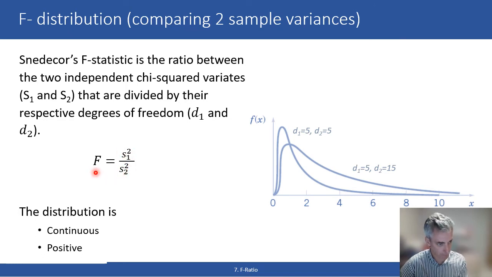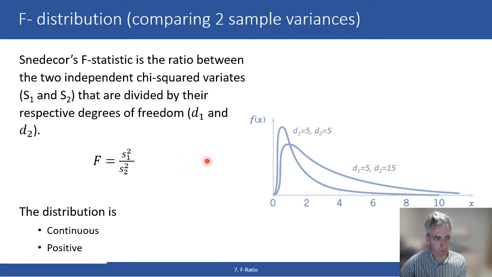When we do this type of analysis, the numerator should be the larger variance and the denominator should be the smaller variance. Then we will get an F statistic, and we should compare that F statistic against a critical value from the F tables, or we can also compute these critical values in Python.